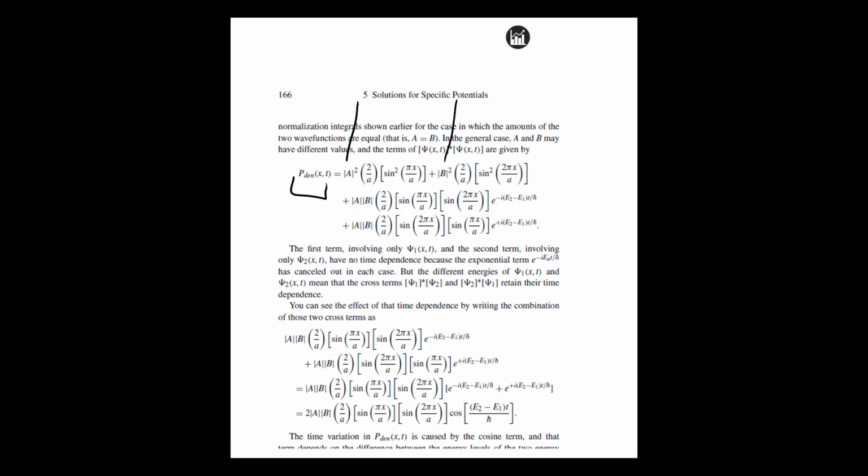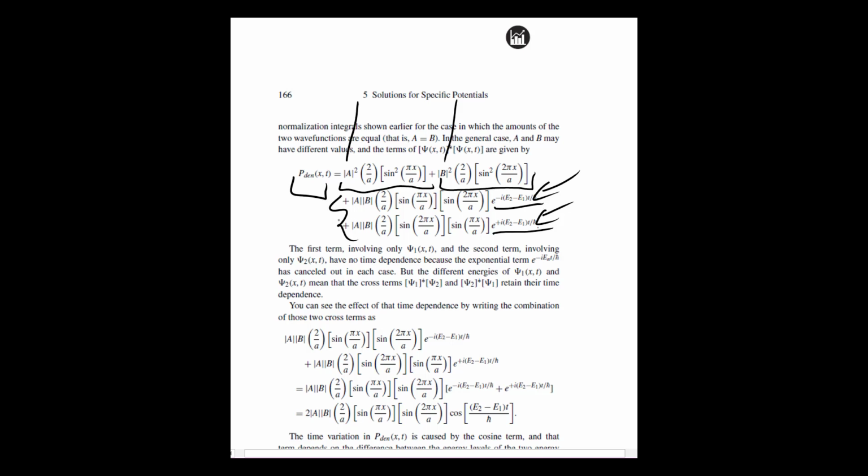But you can look at the integrands of the 4 terms in the normalization equations we used a minute ago, and you can see there that's the first term involving psi 1 star psi 1. There's the 4th term with psi 2 star psi 2. And here are the 2 cross terms for which the exponentials do not cancel.